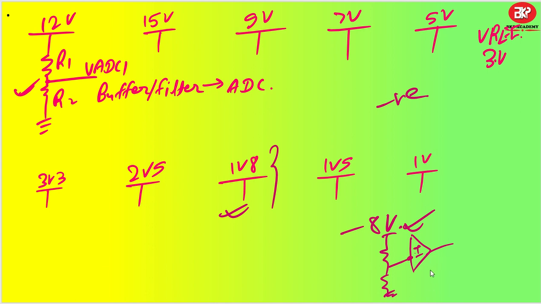You invert this voltage level and then send it to the ADC, and whatever ADC value comes will be a positive value, and then you convert it to the corresponding negative value. So how it works: you can do something like this. Let us say minus, plus. Keep the gain, let's say 1 kilo ohm, 1 kilo ohm.